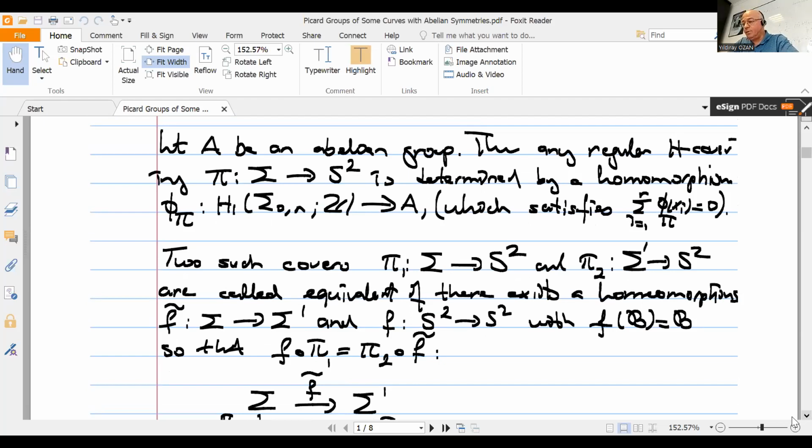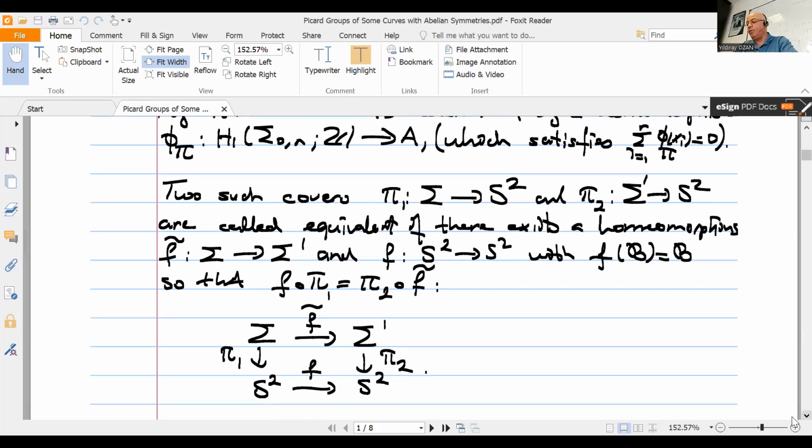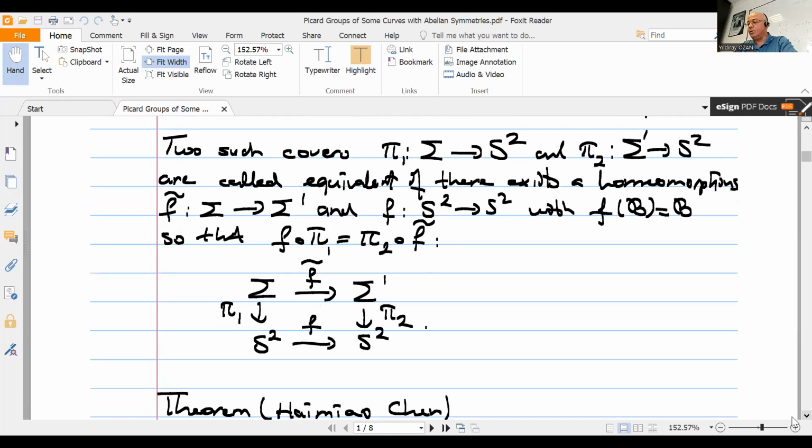And if you have two covering spaces, they are actually equivalent if there is a homeomorphism F tilde from one covering space to the other, which covers a map F which preserves the set of marked points or branch points. In this case, this will be a branched cover.